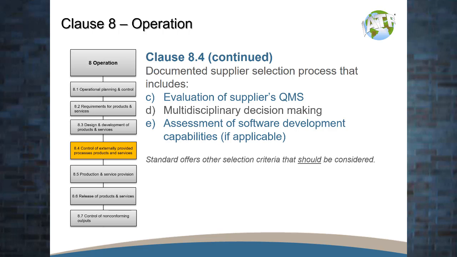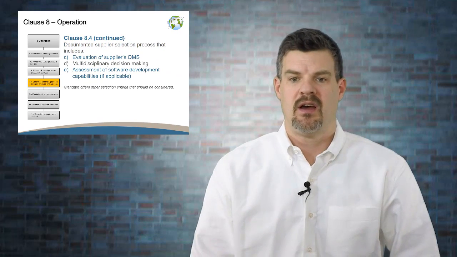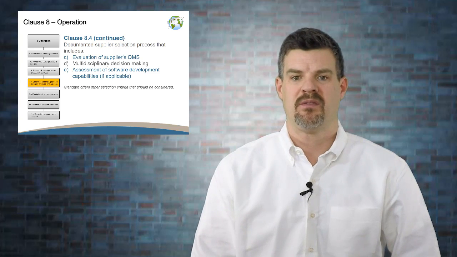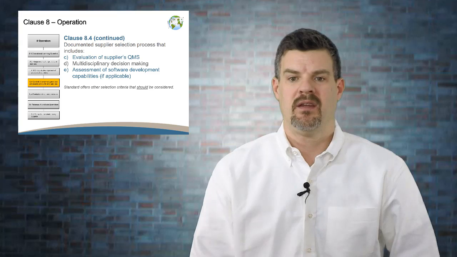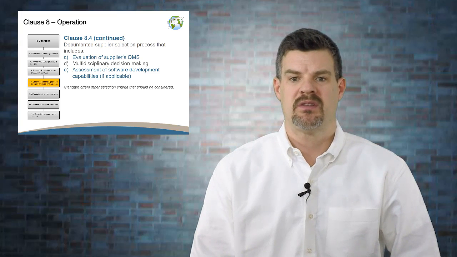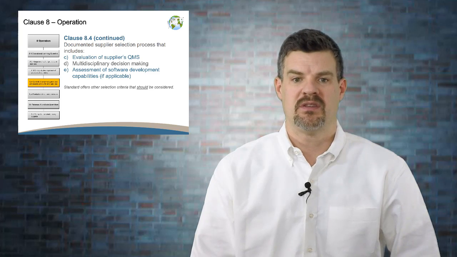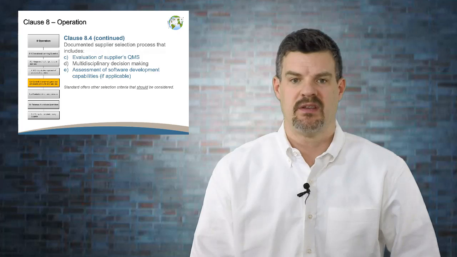And the standard offers other selection criteria that should be considered, but this is where you see should, recommendations, that sort of thing that are expanded, not so much the requirements specifically, but some should statements there under your supplier selection process.